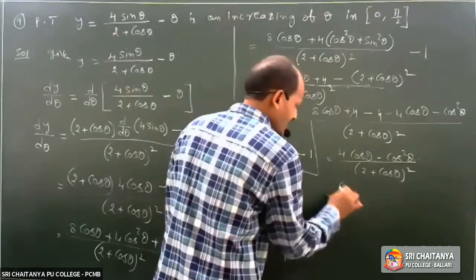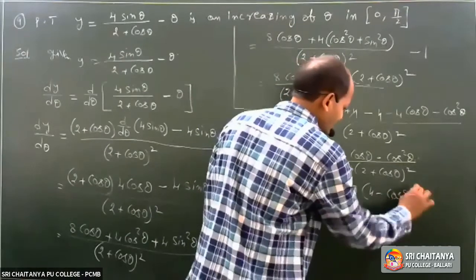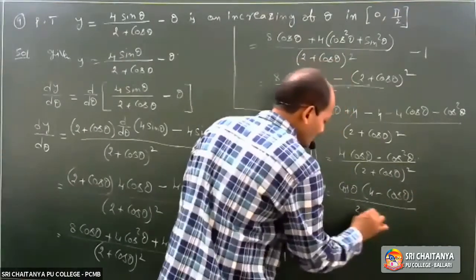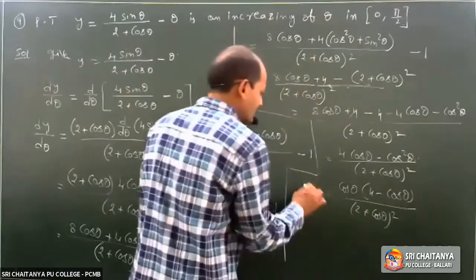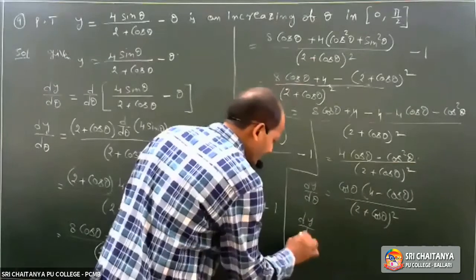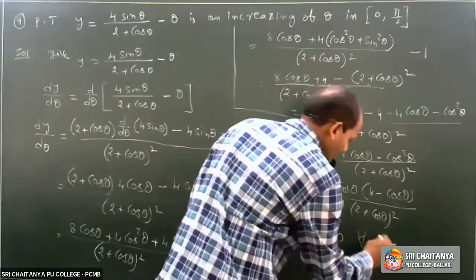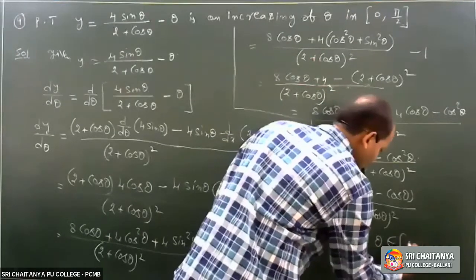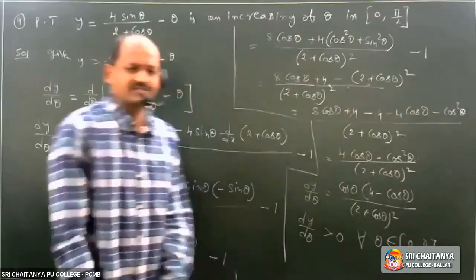So the numerator is cos theta into 4 minus cos theta divided by 2 plus cos theta whole square. That is dy by d theta. Clearly this dy by d theta is greater than 0 for all theta belongs to 0 to pi by 2. How to identify it is positive?